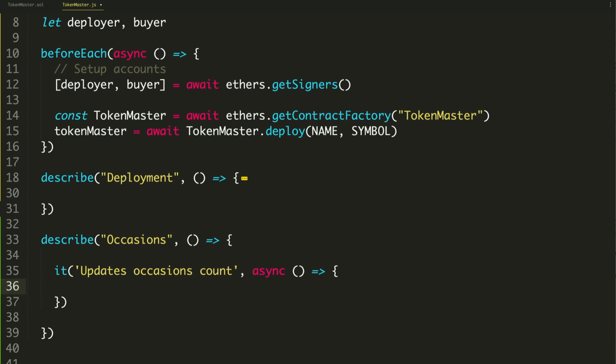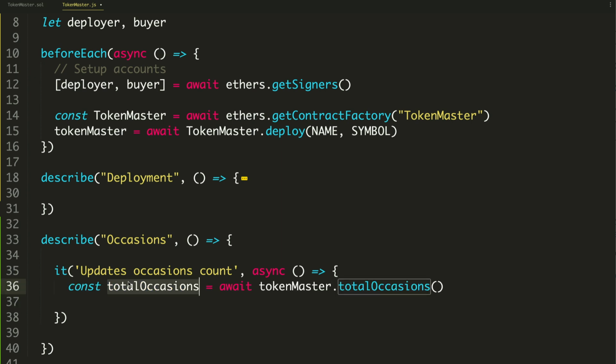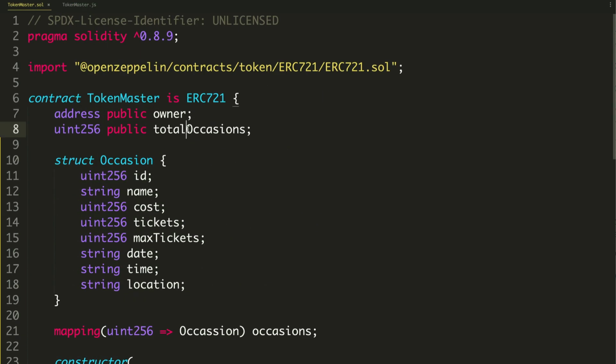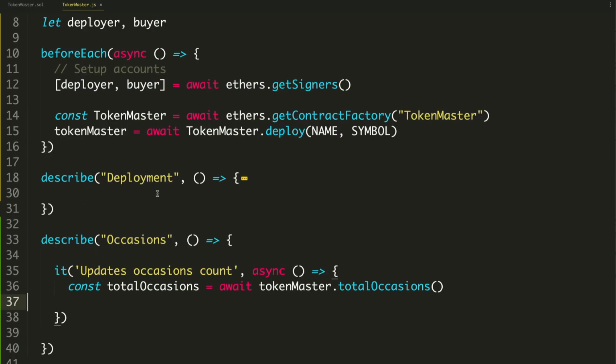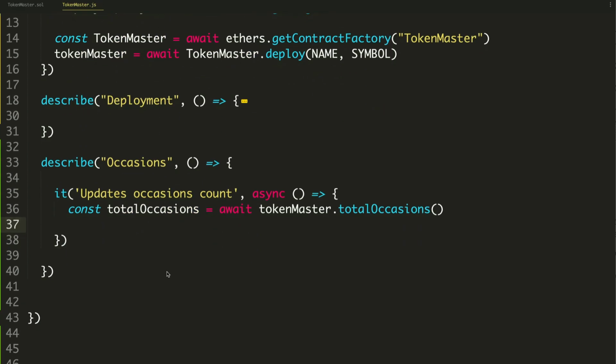And so what we're going to do is say const totalOccasions equals await tokenMaster.totalOccasions. All right, that is this total occasions right here. And then we should expect total occasions to be equal 1. All right, whenever we created it, we need to make sure that it's 1. Now, we haven't actually created an occasion yet, so let's do that.